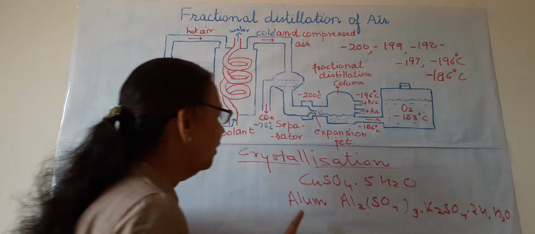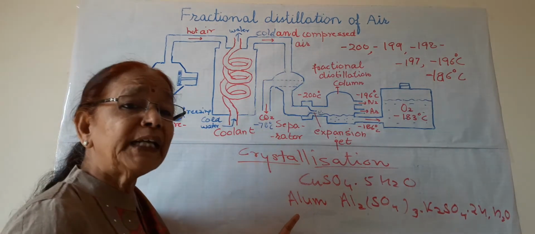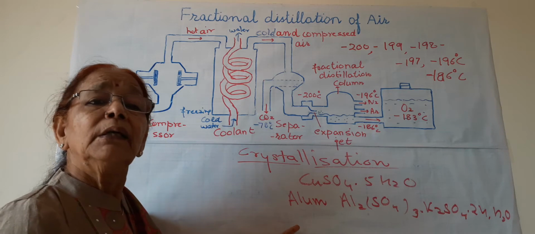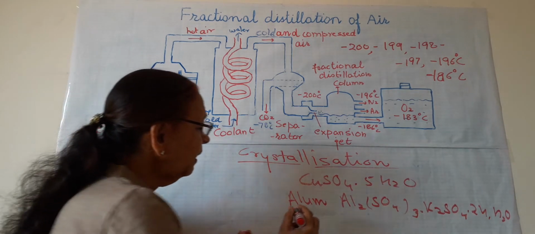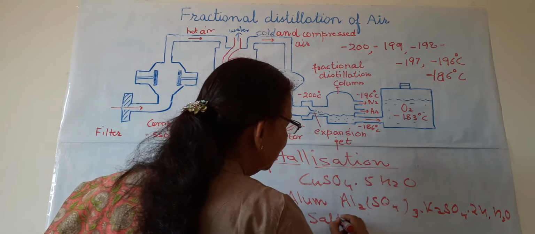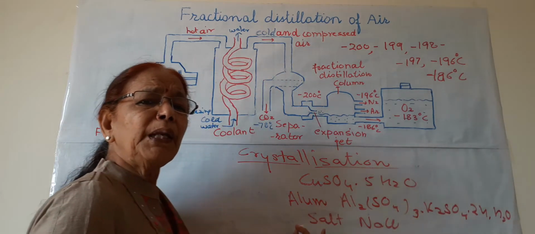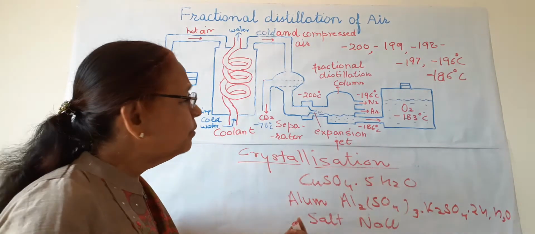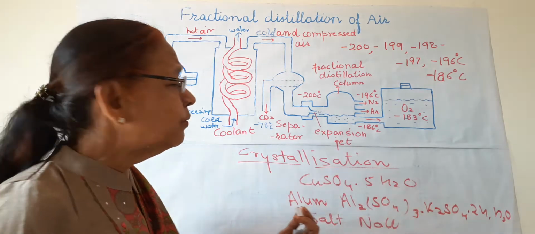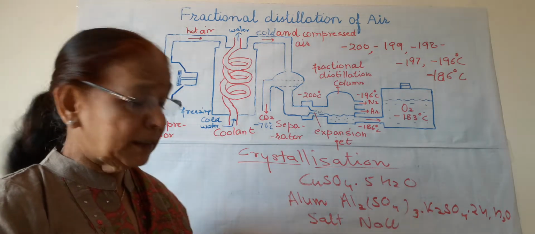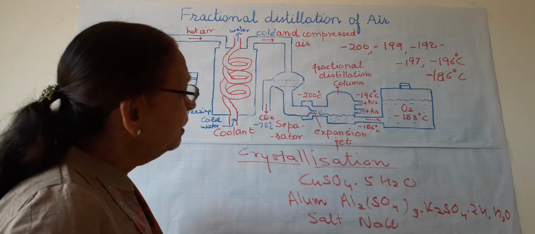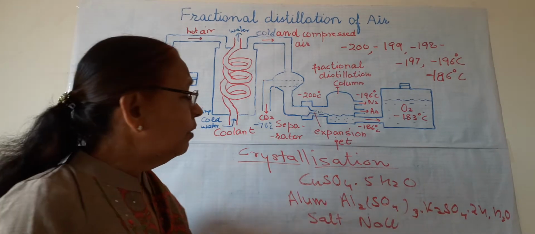So this is the formula of alum known as Fitkari. Then we have crystals of common salt, NaCl, and many more, FeSO4.7H2O, Na2SO4.10H2O. So we have many compounds in crystal form.